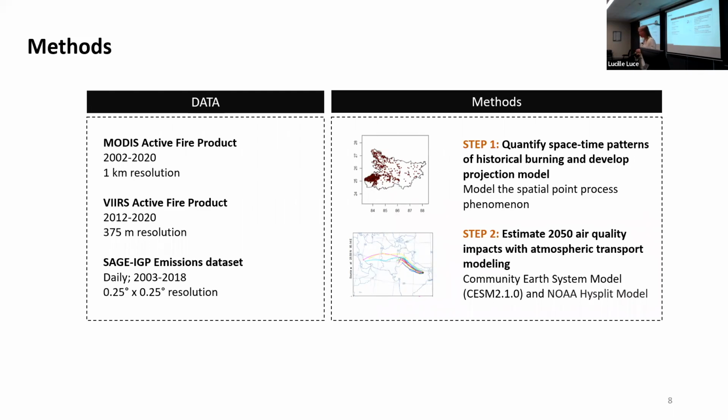And then those two data sets are used with ground observations and relate to what that means for emissions, particularly for air pollution. So our first step is to quantify fires over space and time, and then the second step is to estimate the impacts mid-century.